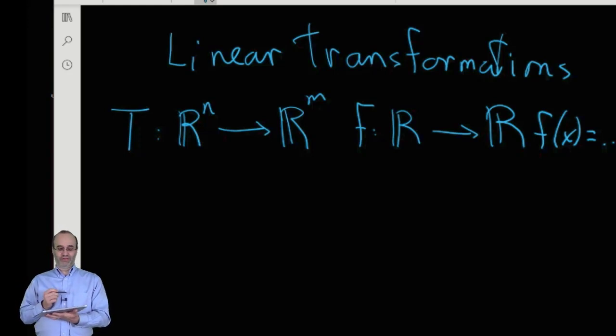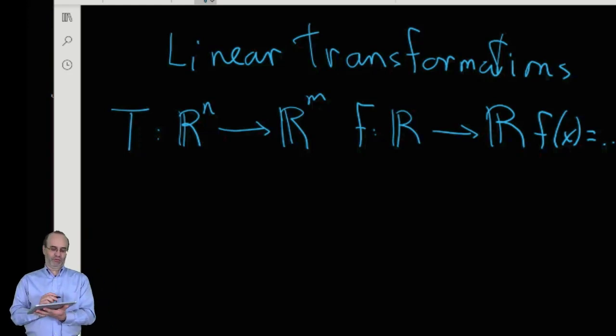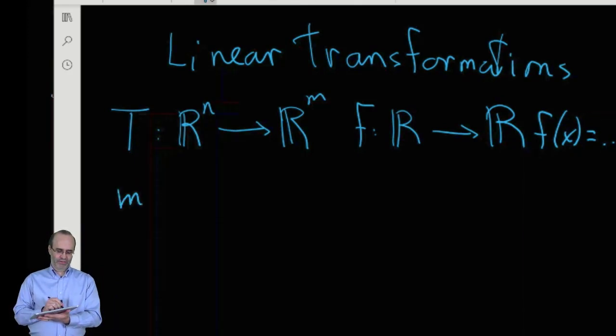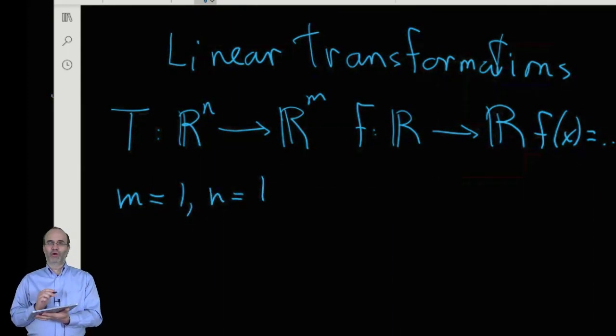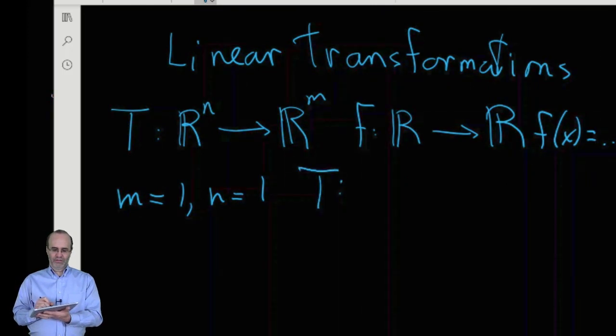Well, one can look at the simplest case. We can take n and m to be equal to 1. So I can take m to be 1 and n to be 1, and one can ask about linear transformations T from the real numbers to the real numbers.